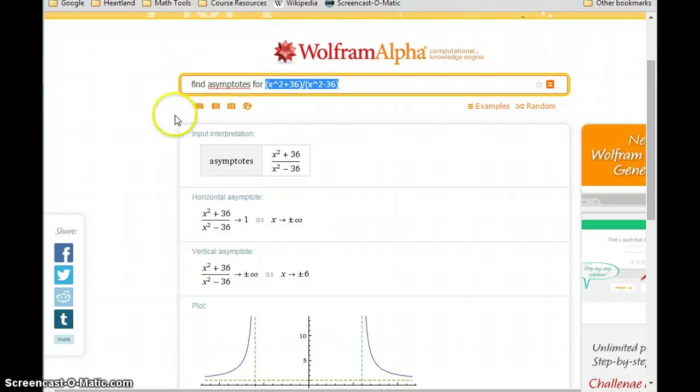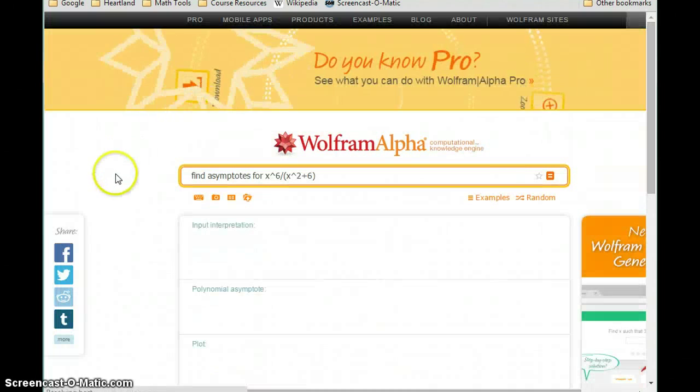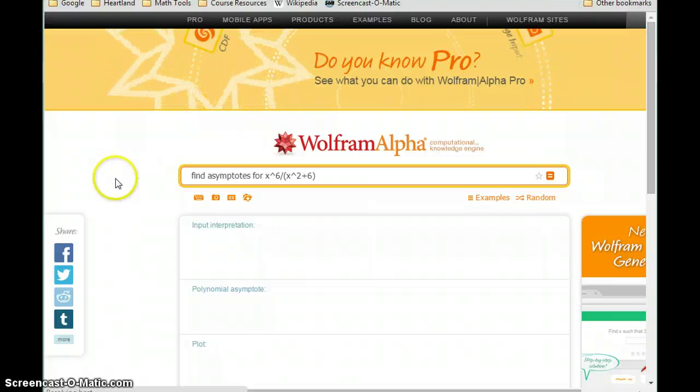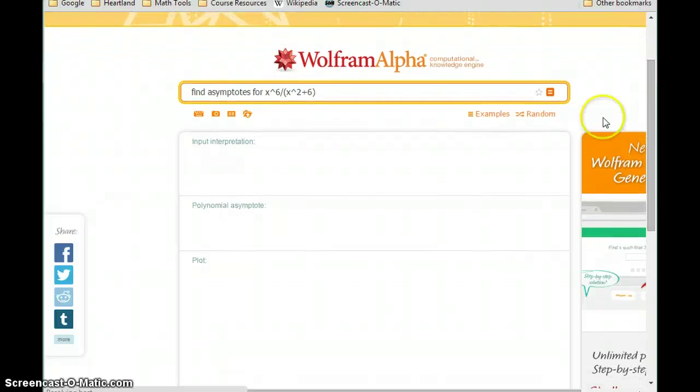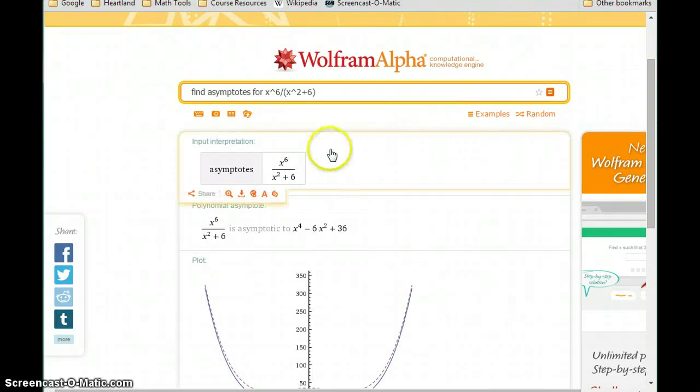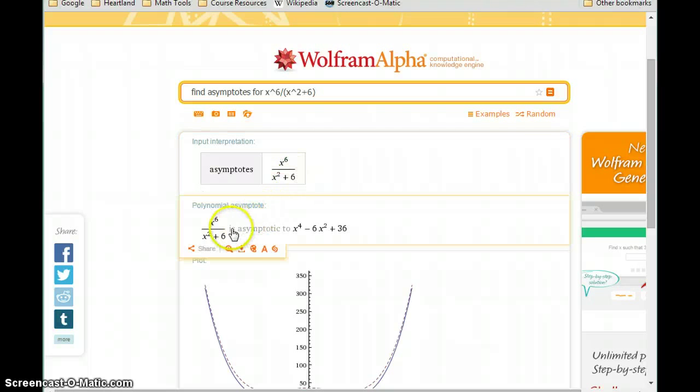So in part B, we still want to find asymptotes. In this case, for x to the 6th over x squared plus 6. Again, check to make sure that this input is what you were expecting that function to look like.